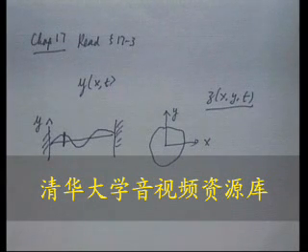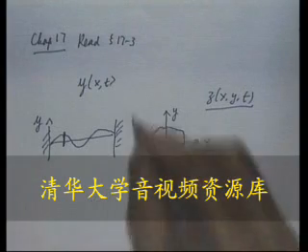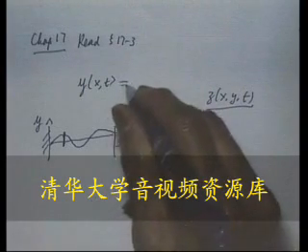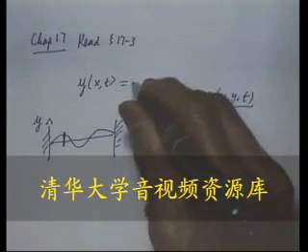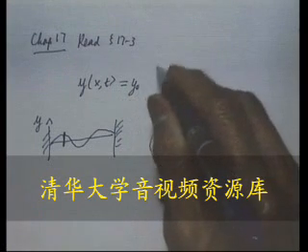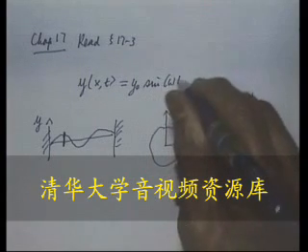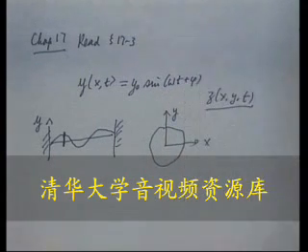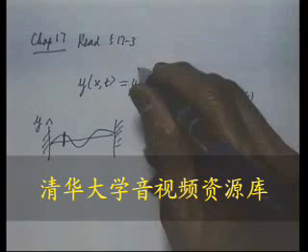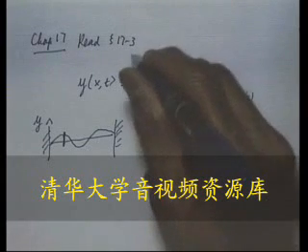A typical vibration is like this. y is equal to y0 times sine or cosine of omega t plus phi. y0 is called amplitude.